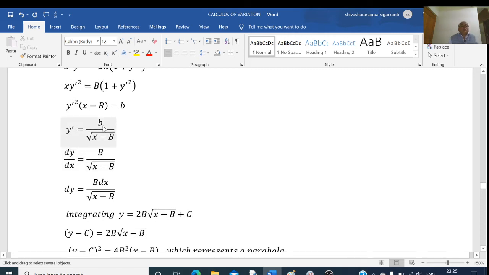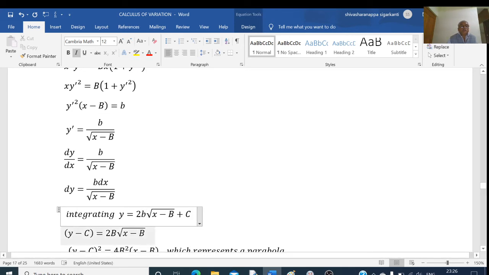So y dash is equal to b divided by root of x minus capital B. This is small b, this is also small b.